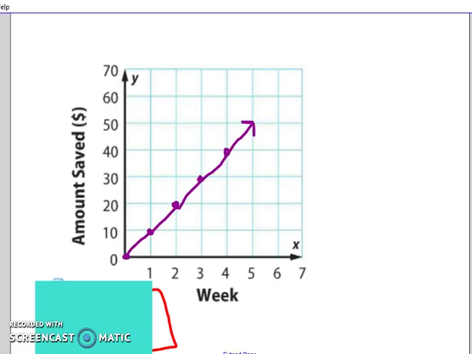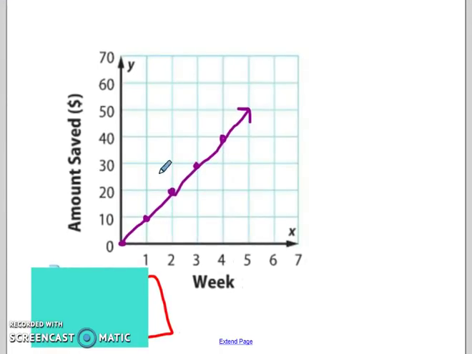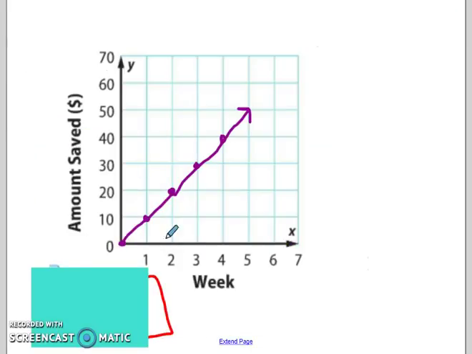The next thing you might do is grab a different color. I'm going to use red for David. This is just so we can tell them apart. For David, we need to plot 1, 15, 2, 30, and so on. Make sure you're also doing this on your graph.